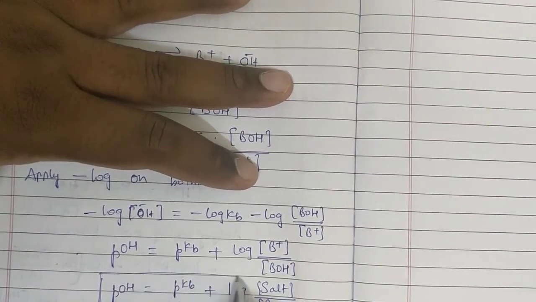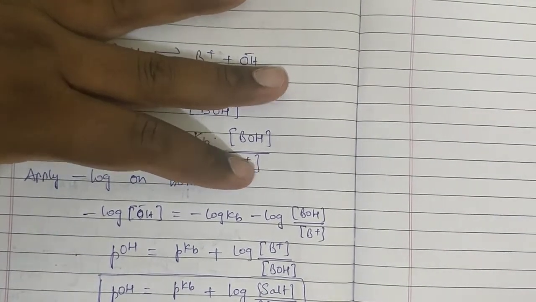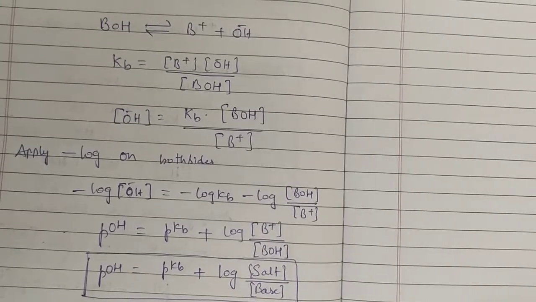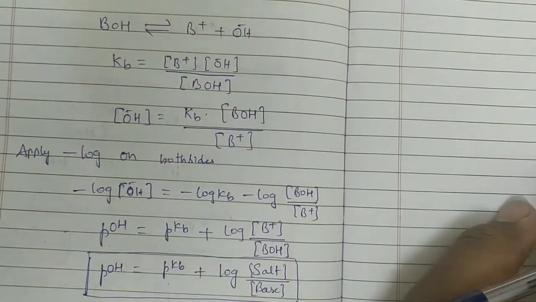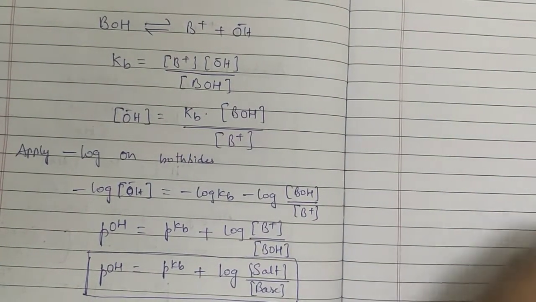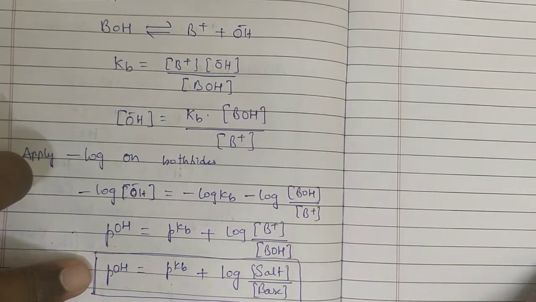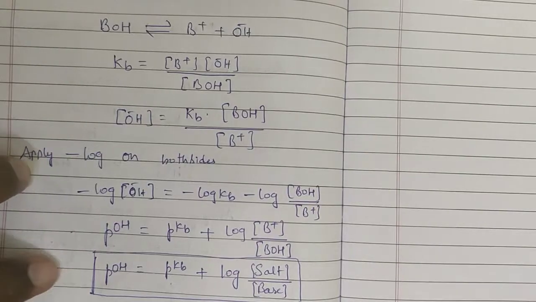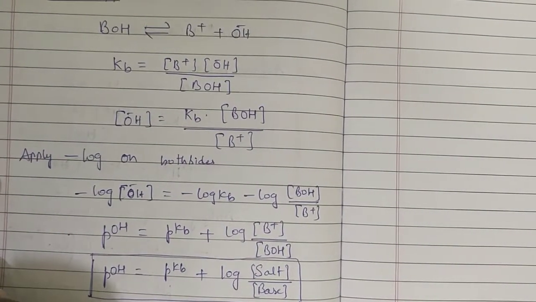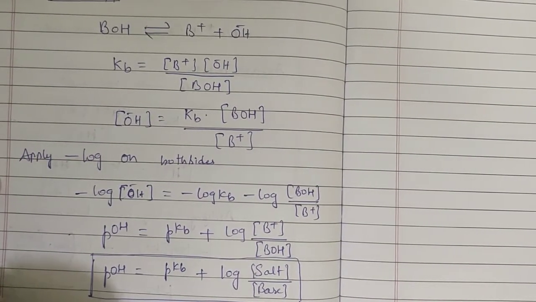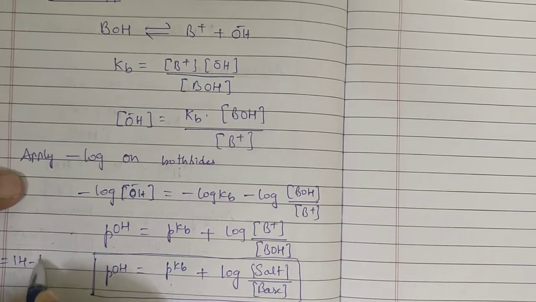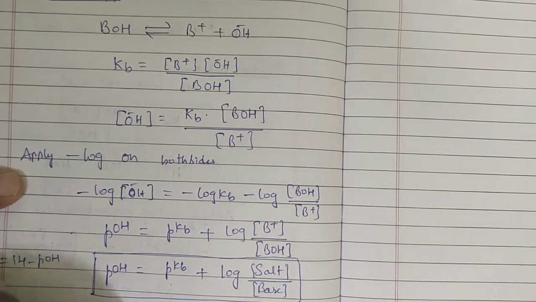This is POH only. While they are giving problems related to basic buffer, first find POH only. After finding that POH, if they ask pH, then pH is equal to 14 minus POH.